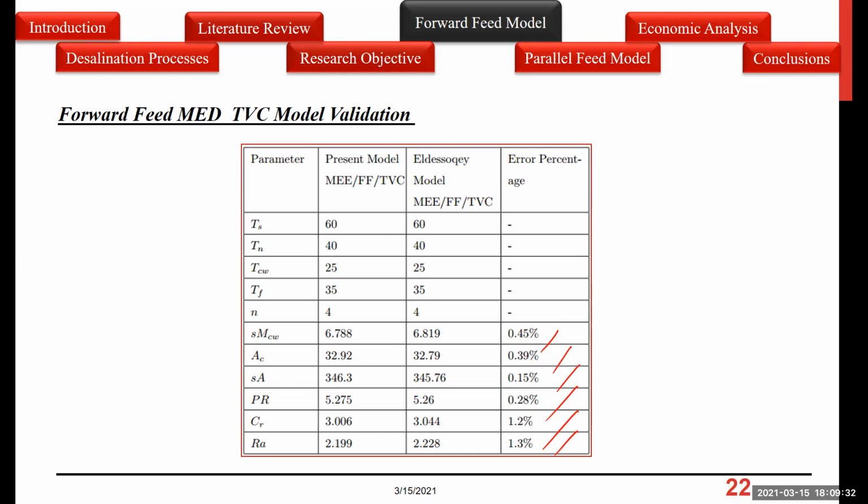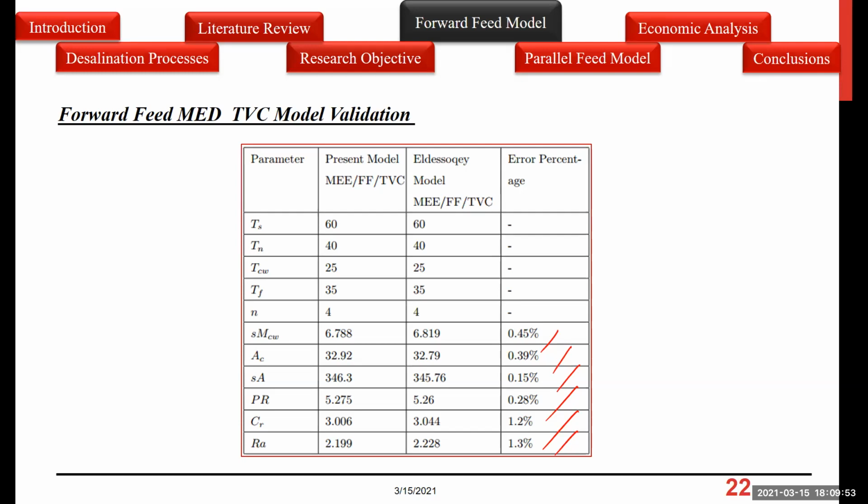So that's the entrainment ratio. And you can see here the maximum deviation is 1.3%, which means that the estimation is acceptable.